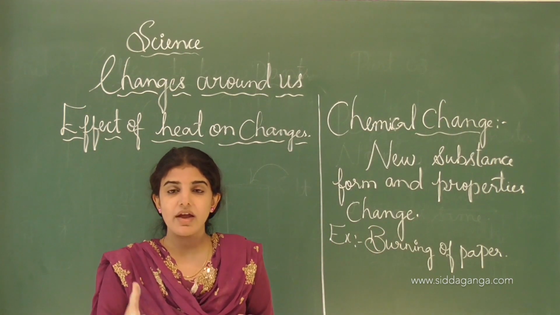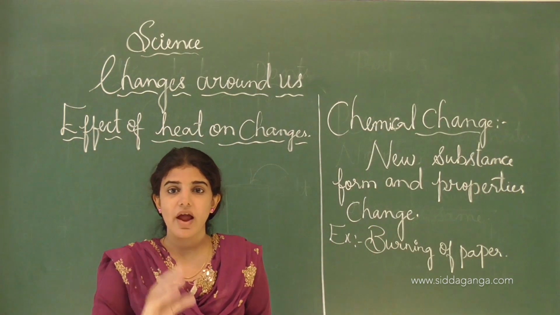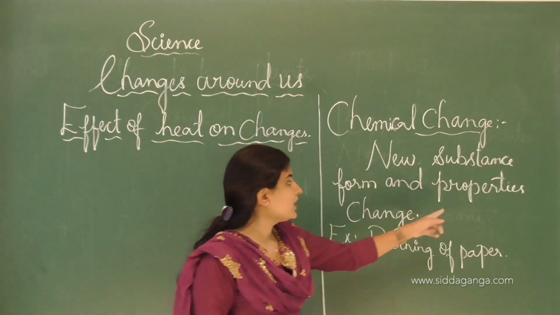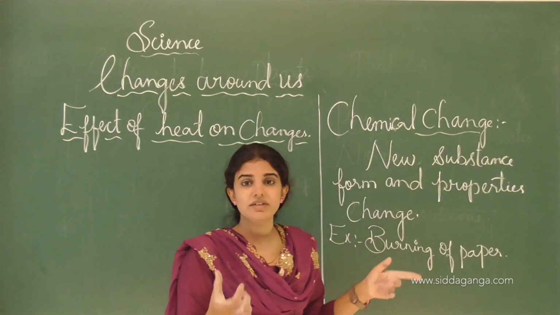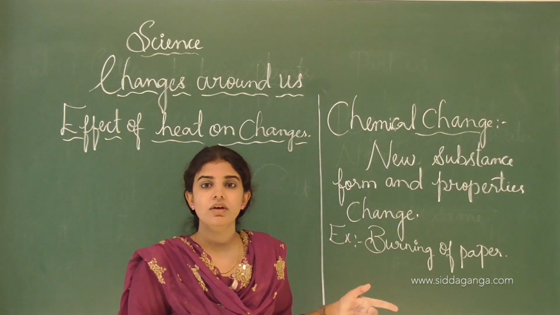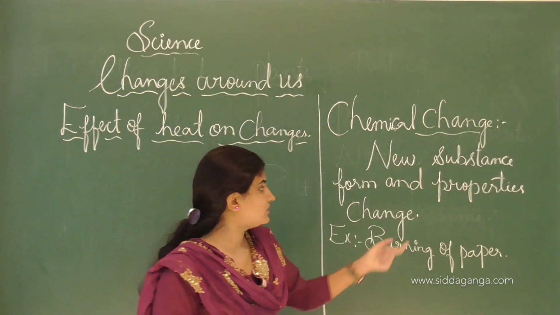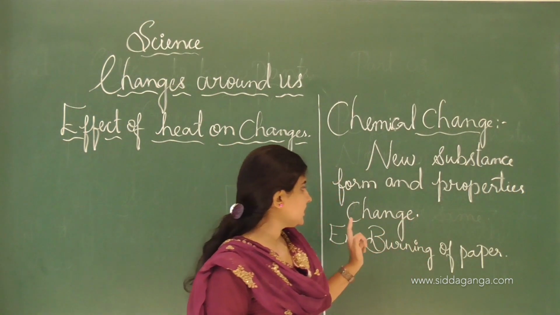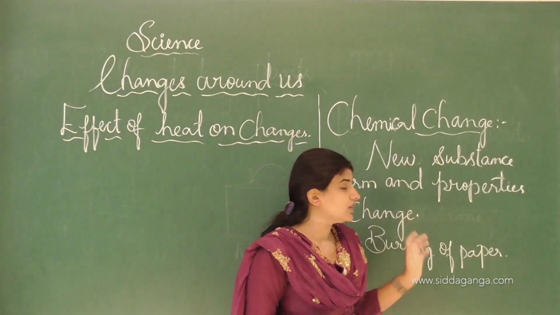Properties, texture and appearance will be changed. The ash will become very smooth, and the properties, that is appearance, texture, hardness and size, will be changed. This is the properties of a substance.